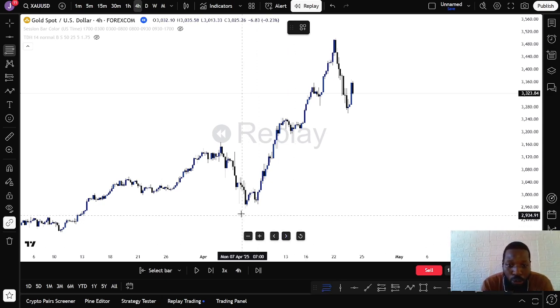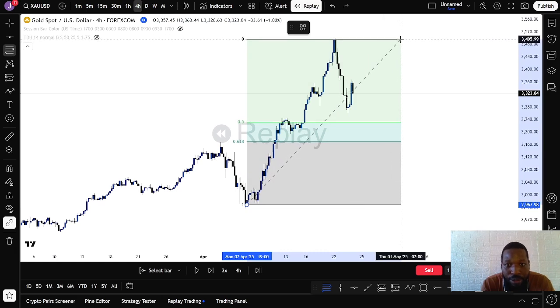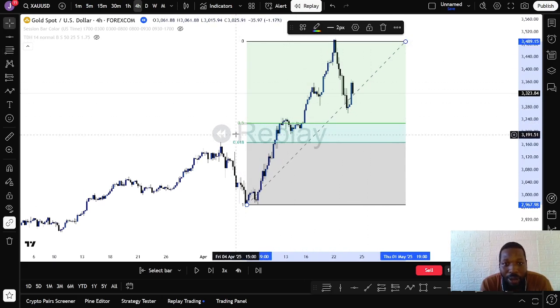So we'll take our tool, then we'll draw our Fib levels, right? So looking at this, we are going to draw our support and resistance at this level here.